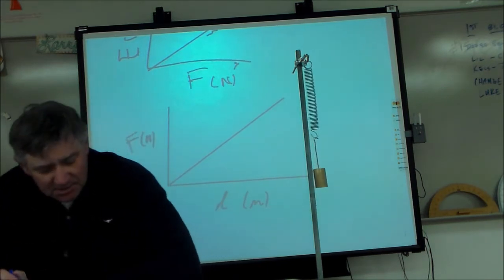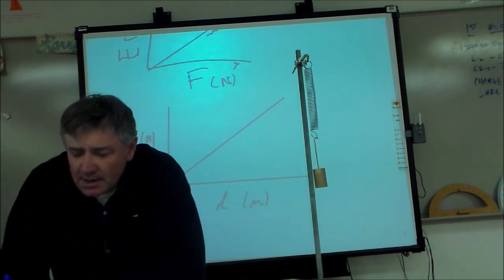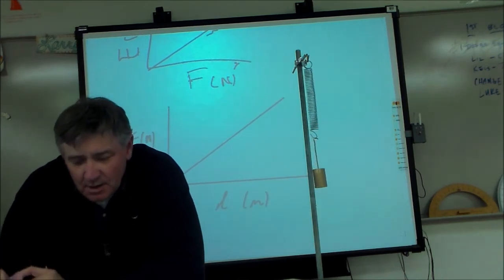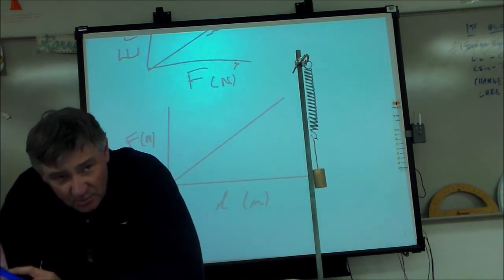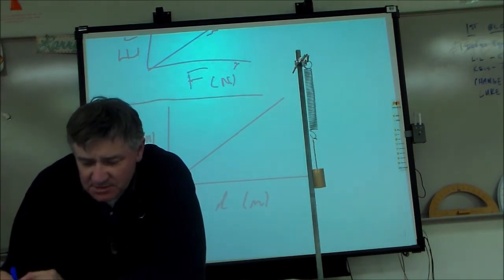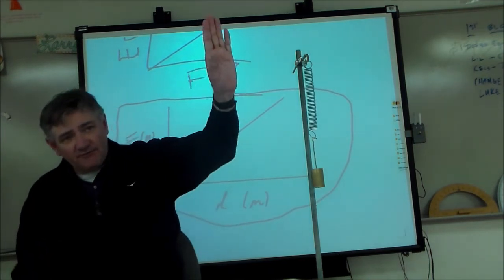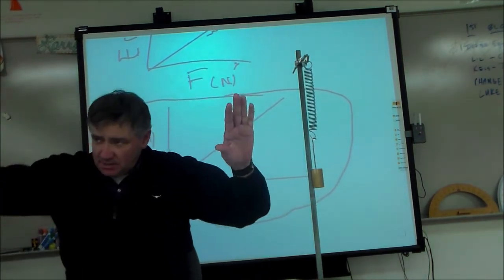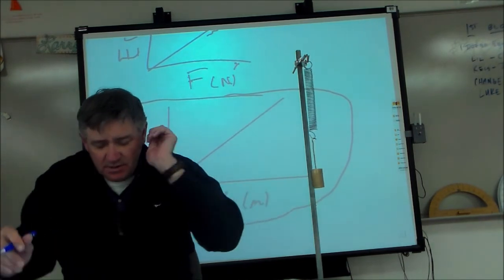That's kind of cool, right? Now, if you're talking about springs in terms of energy, and you'll see why this has to work out, when you're dealing with energy of springs, you have to have force on the y-axis and elongation on the x-axis. So here's what we're going to look at.